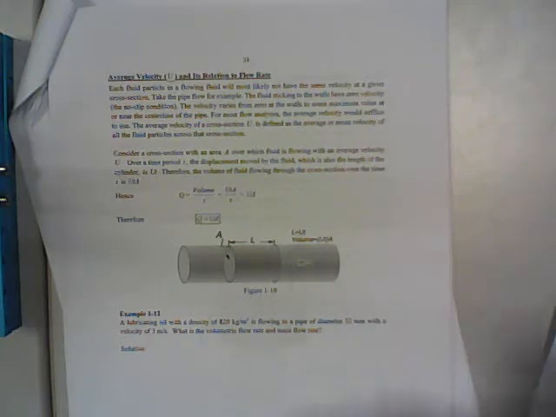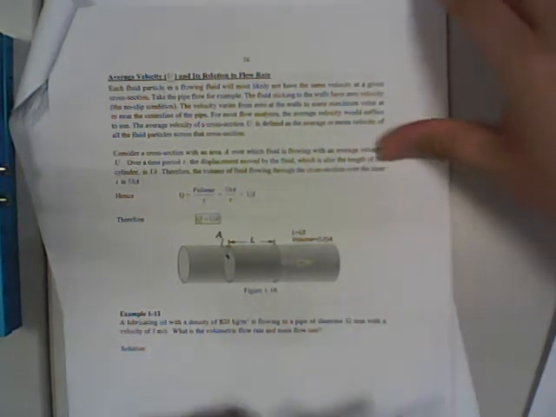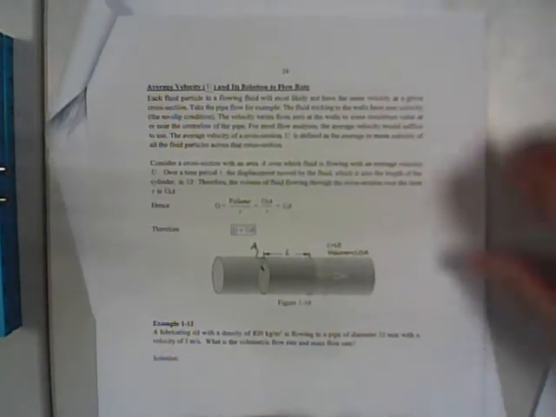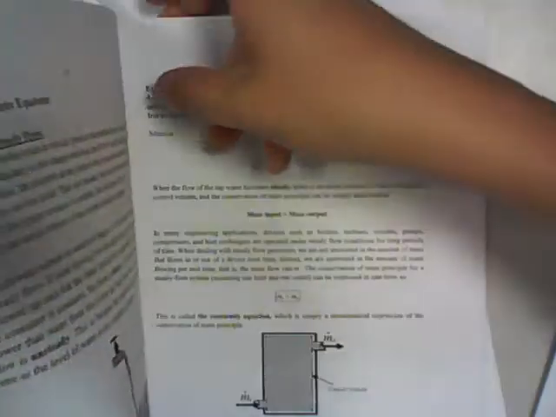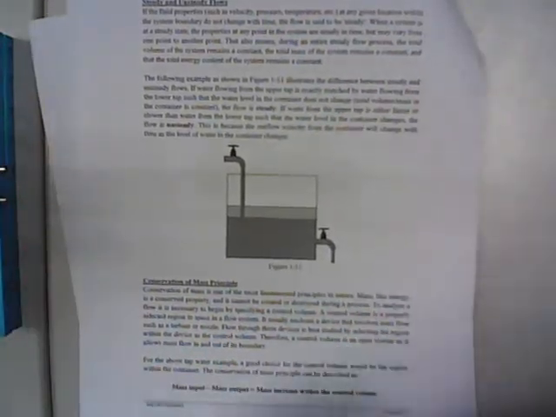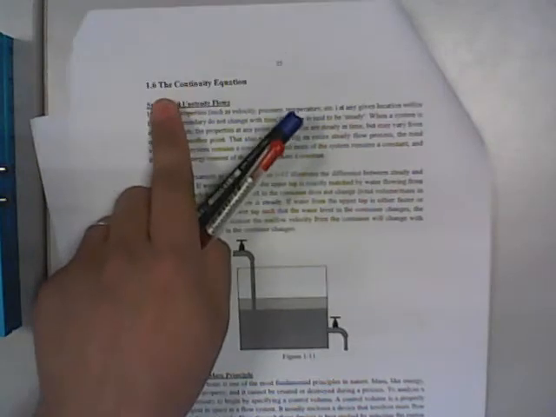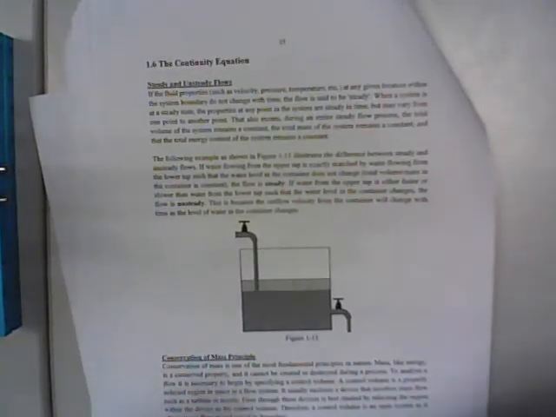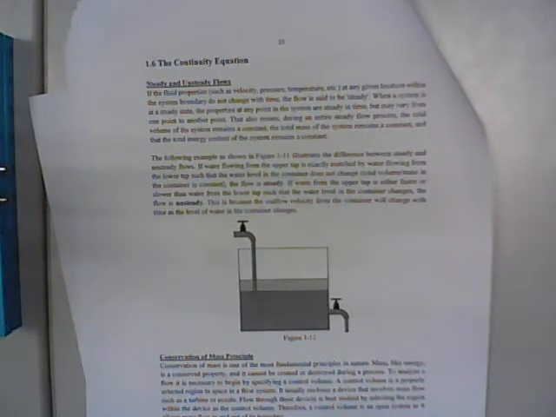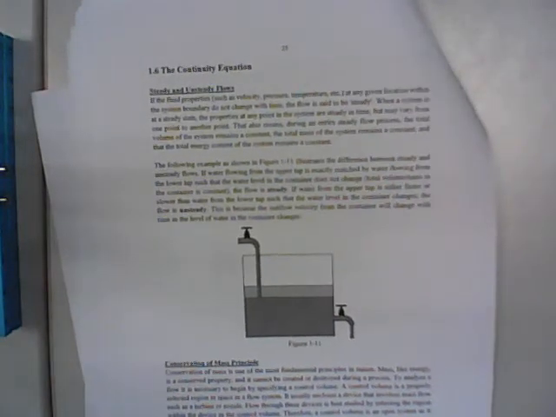Having been able to calculate both volume and mass flow rate, we now take it a level higher and put it in some real meaning. We reach section 1.6, the continuity equation. There are a lot of words over here, a lot of descriptions, a lot of guiding principles.